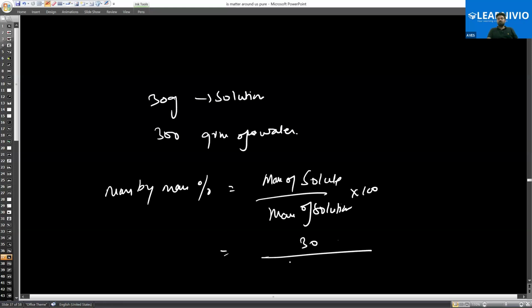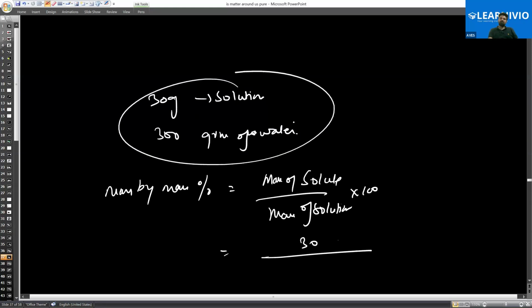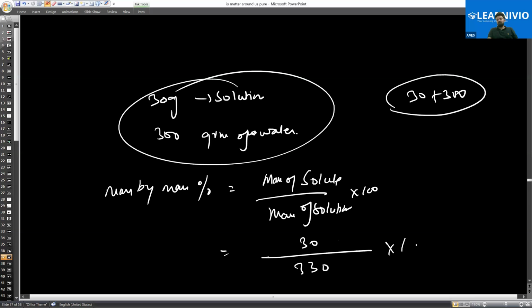So 30 upon mass of solution, which is 30 plus 300. This is the mass of solution, that is 330, into 100. You cut 10 with 10. You get 10 and you will get 11. Then this 10 multiplied with this 10, you will get 100 upon 11. You get 9.09%.